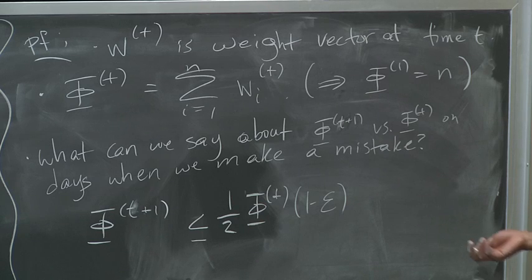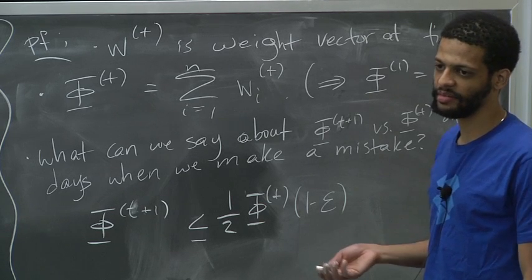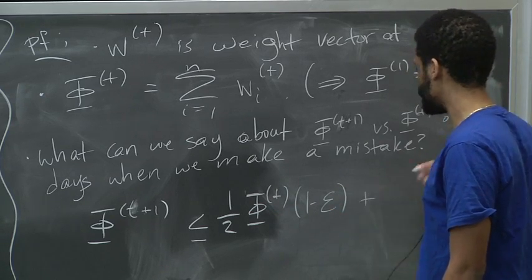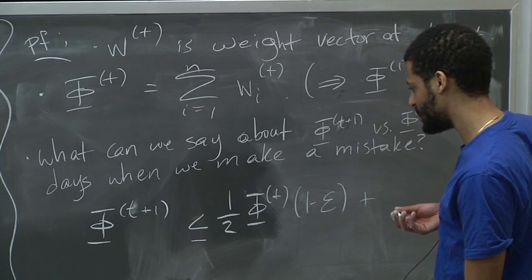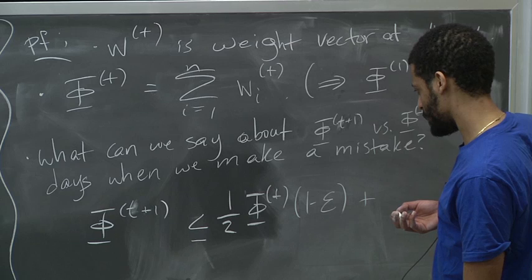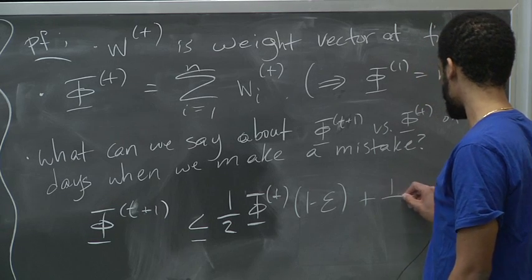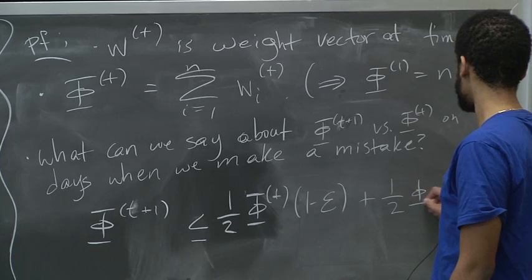And the other half of the weight, I don't know. They could have been wrong too, but I'm saying at least half was wrong. And the other half, it definitely didn't go up. So I can just say, as an upper bound, that it stayed the same.